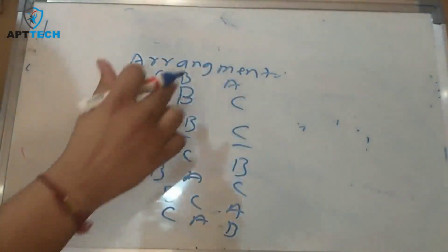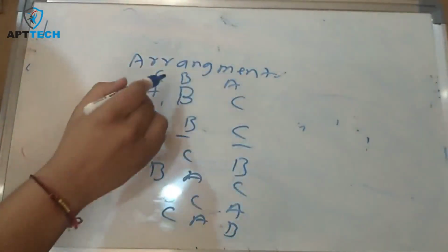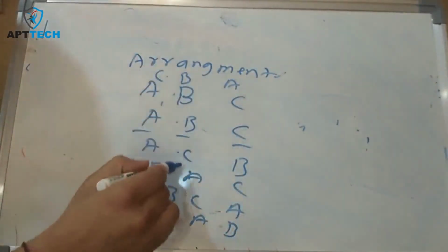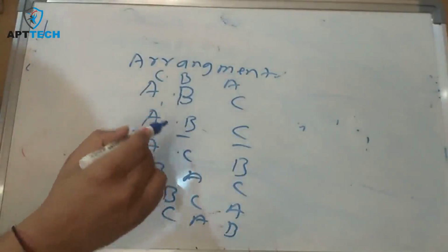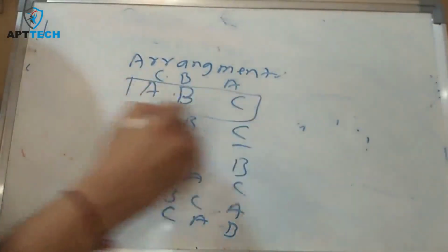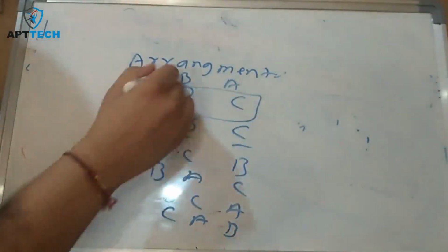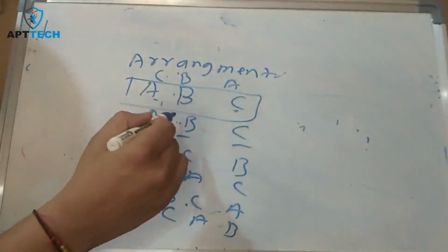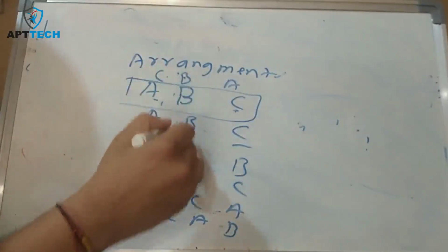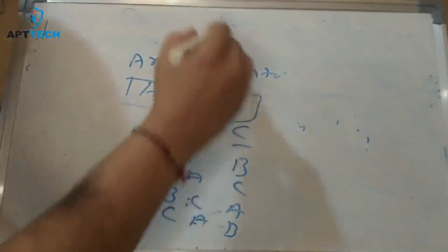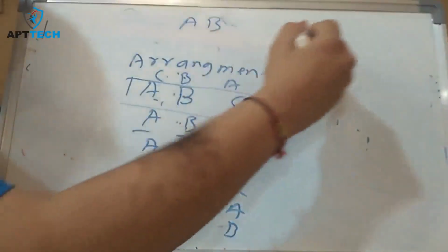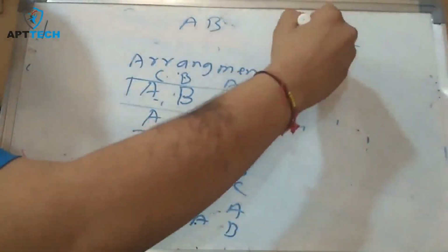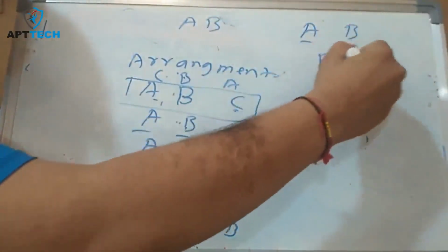My point is, three people on three chairs can be seated in 6 ways: 1, 2, 3, 4, 5, 6. If two people AB are there and two chairs are present, the sitting arrangement would be AB or BA.